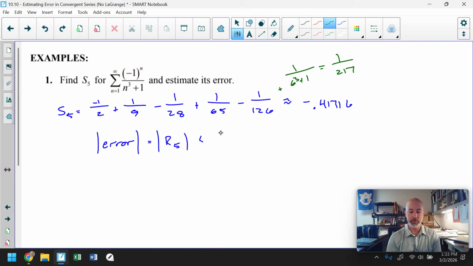And so there is your maximum error. The error is at most 1 over 217. And so that's all there is to your alternating series error approximation. You just look at that first term that you did not include, and that is the maximum of your error. Since 1 over 217 was already positive anyway, I didn't need the absolute values. But if it were negative, we would just discard that negative and keep the magnitude of that term.